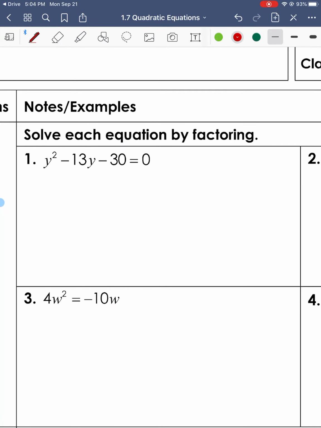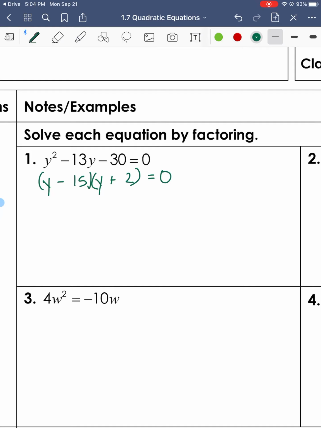So here we'll review your factoring rules, and it looks like this is just simple trinomial factoring. Two numbers that multiply to negative 30 and add to negative 13. I'm thinking 15 and 2. The bigger one has to be negative since the 13 is negative, and the 2 will be positive. Okay, this is equal to 0.